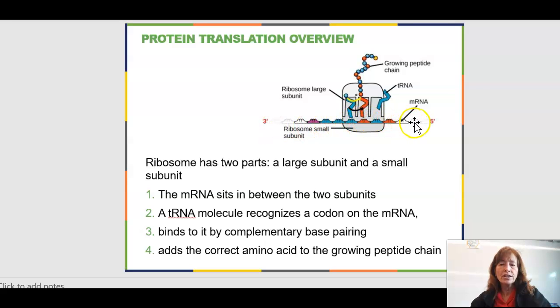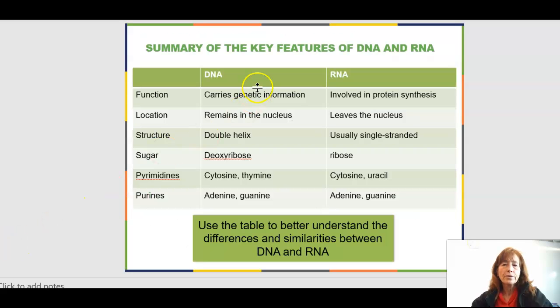As it goes through, the tRNA, this transfer RNA, would bring an amino acid to the place where the next one should be, and that would form a peptide bond, and then this thing keeps moving, and we just assemble this primary structure. Again, we're going to see this in more detail later.